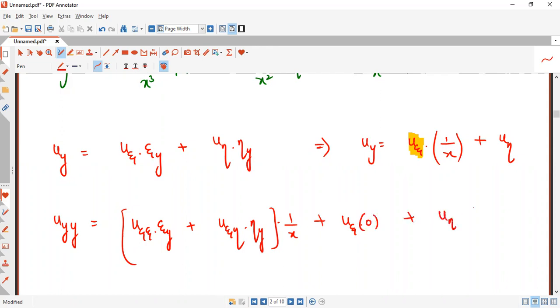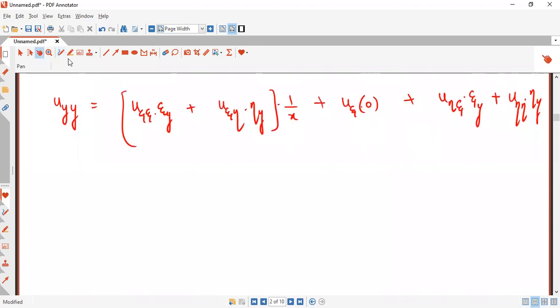Then u eta. Now I have to differentiate this u eta with respect to y. I know u eta is again a function of xi and eta, which are again functions of x and y. So I have to differentiate this u eta with respect to xi, so I'll get this into xi y, and if I differentiate it again with respect to eta, I'll get eta y.